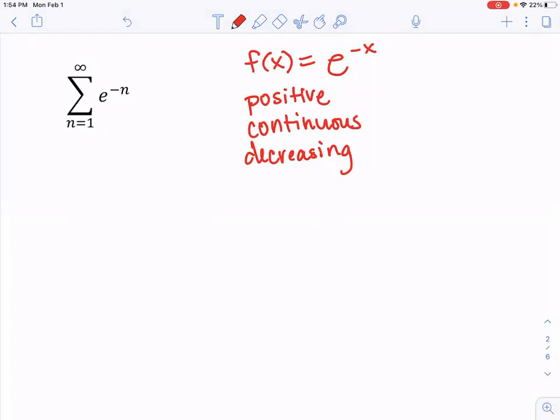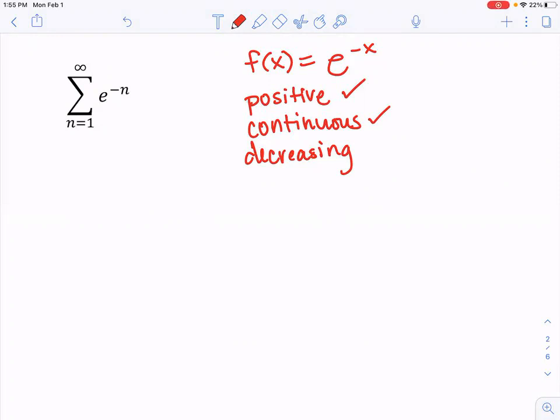These first two, we just think about. Is e to the negative x positive? Yep, all the time. Is e to the negative x continuous? Yep, all the time. Now, maybe it's not continuous at like x equals -5. Doesn't matter as long as we're continuous in this interval.